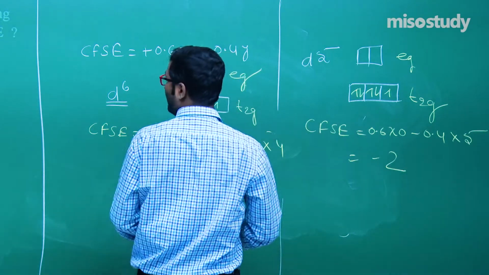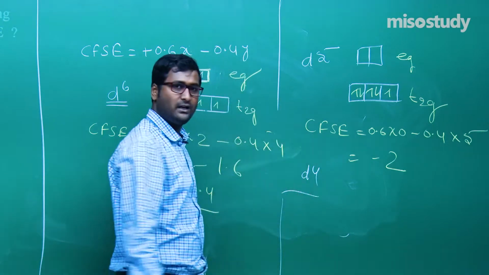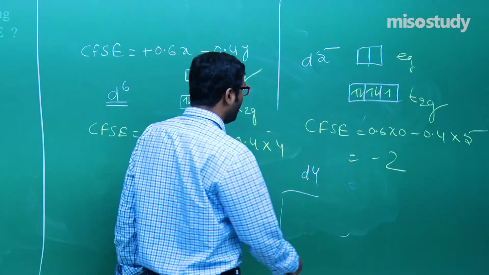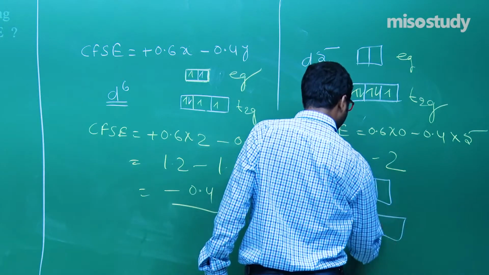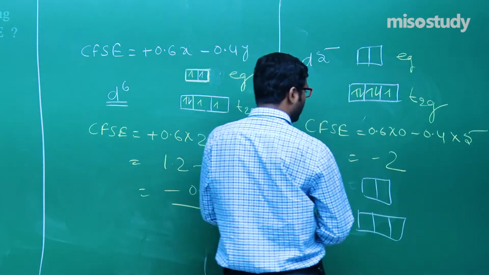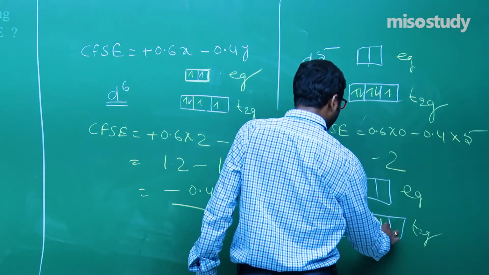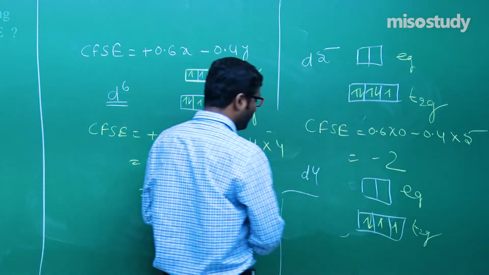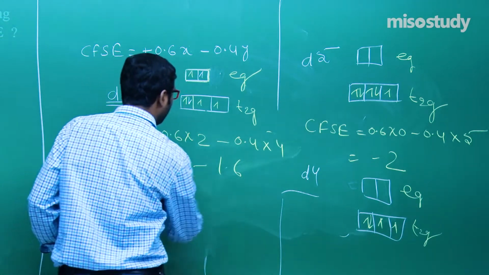Clear to you? Now next one, low spin d4. If I talk about low spin d4, then what will happen? So pairing will be done first, that is easy, and this one is t2g. Put here 1, 2, 3 and 4. So what is the value of CFSE for this case? I am moving here, friend, for this 0.4.